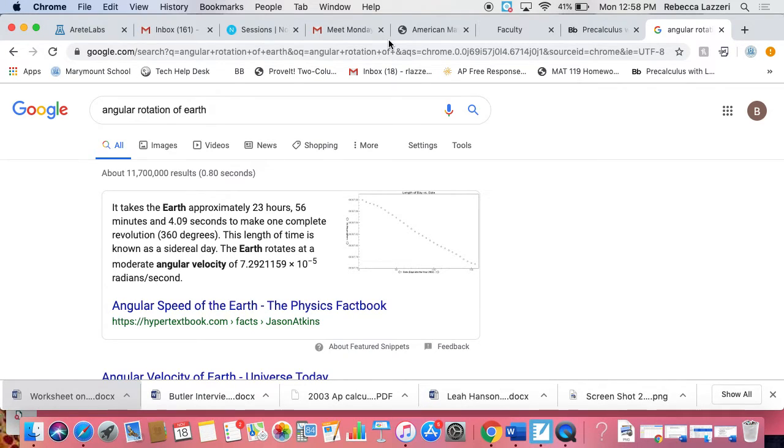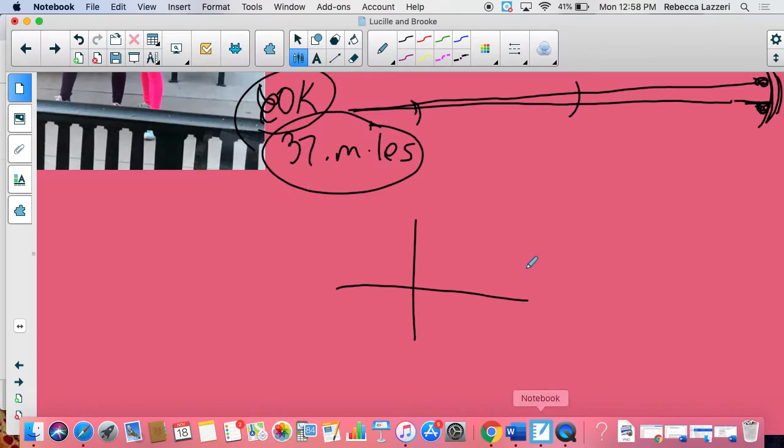So we know the Earth is rotating. And it's also spinning and rotating, which blows my mind that we're on this planet. Does that not blow your mind that we are not just rotating around, we are also spinning around? I feel like now I'm aware of it.